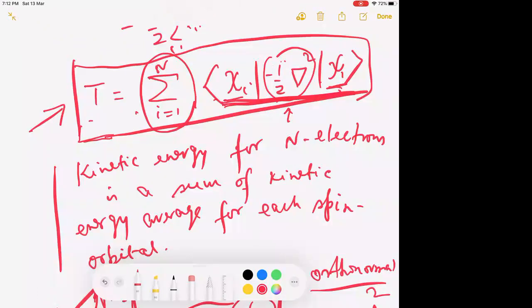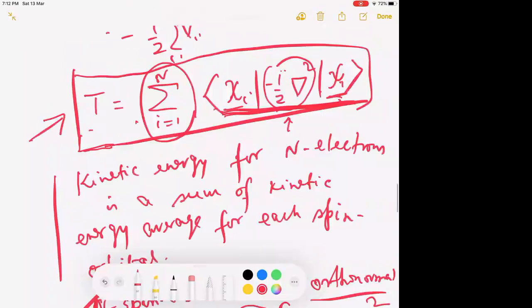This is a little bit of mathematics, and that is why I said it's a non-local operator. If I could write kinetic energy in terms of density, that would be a very, very big problem solved. Many people have tried to write chi star chi as density, but because of this operator in the middle, you cannot write it as a functional of density. So this is a very fundamental problem of the kinetic energy. I talked about it in the last class, and I'm repeating.